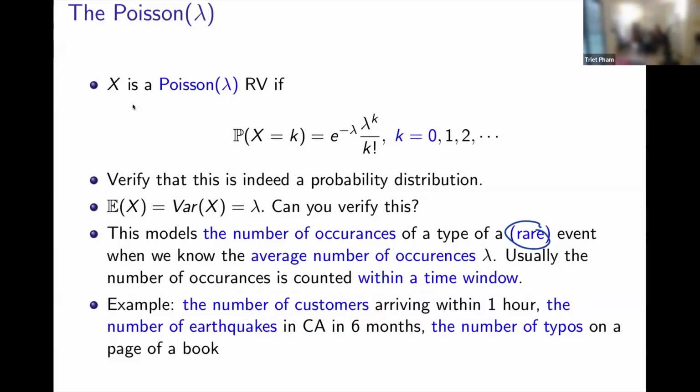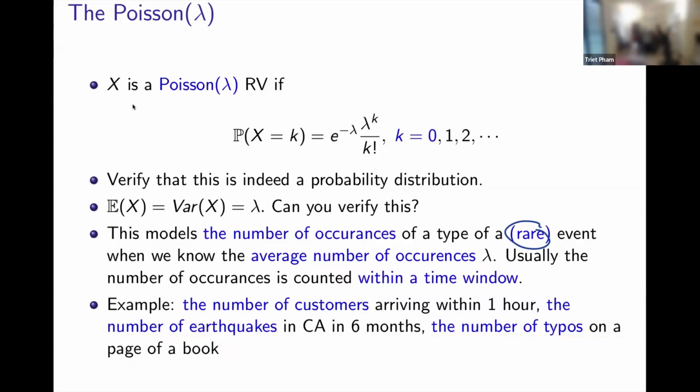Now, why would that be rare? Well, supposedly an earthquake in California is rare. But also, something you might or might not think about is the number of typos on a page of a book. So notice, what do they all have in common?